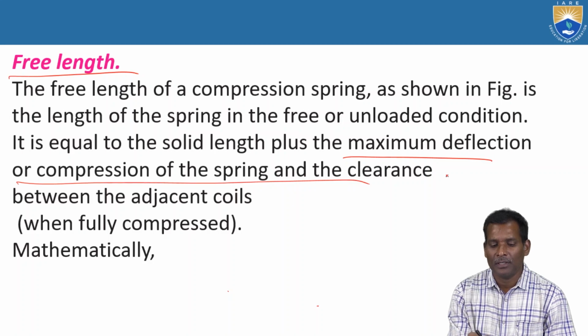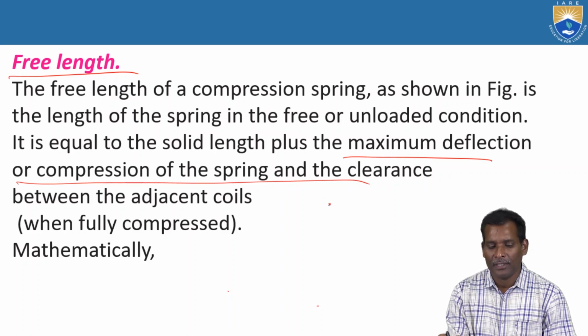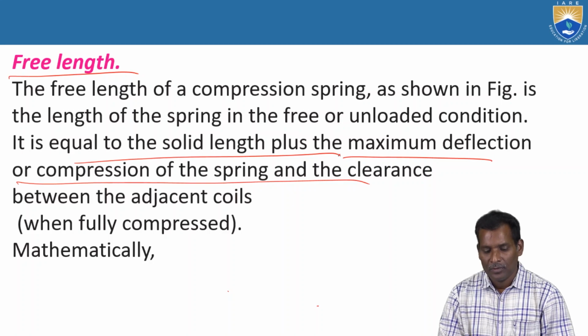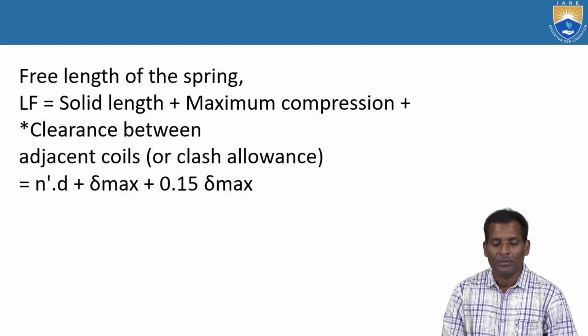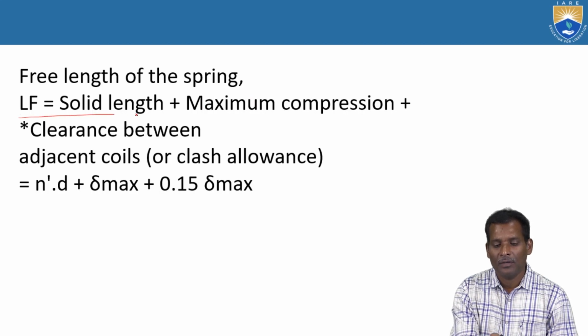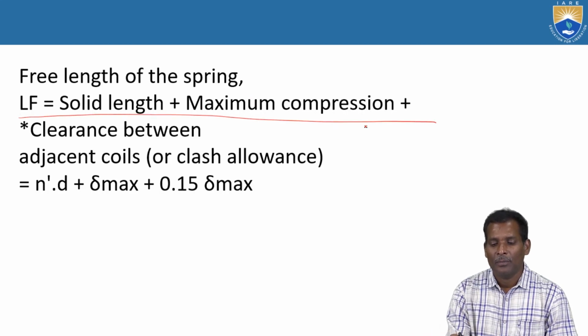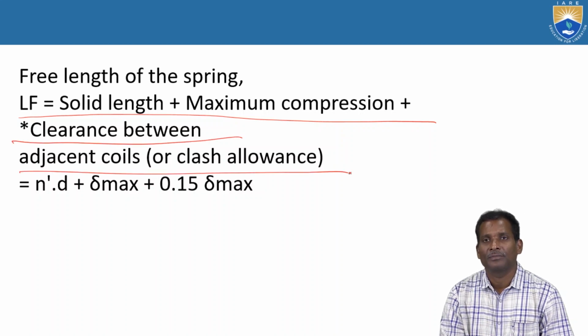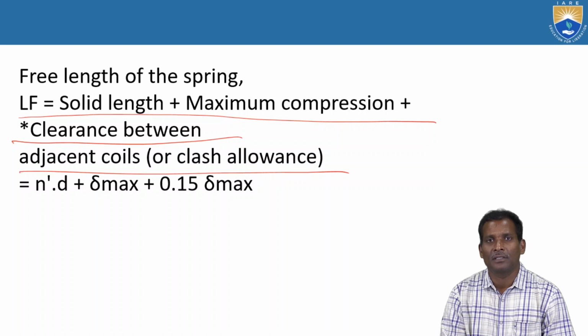It is the maximum deflection or compression of the spring, plus the clearance between the adjacent coils when it is fully compressed, plus the solid length. Mathematically, we can write solid length plus maximum compression plus clearance between the adjacent coils. The clearance between the adjacent coils is also called clash allowance.